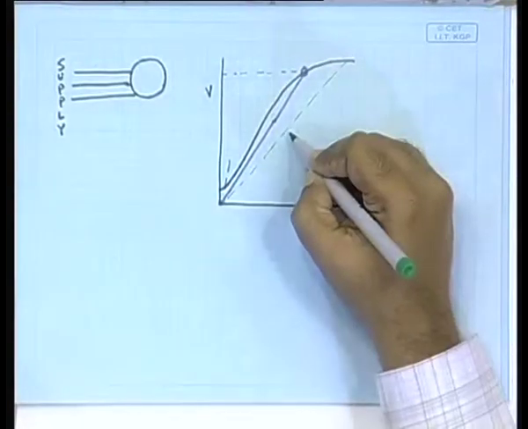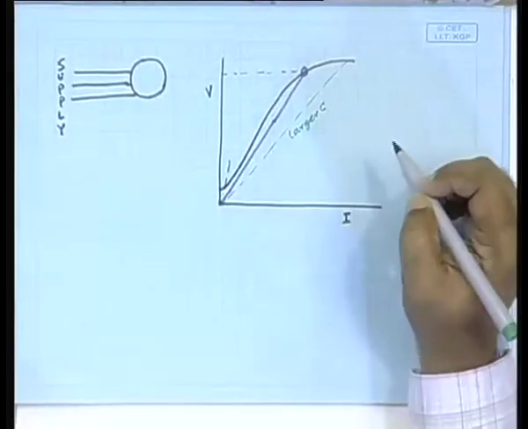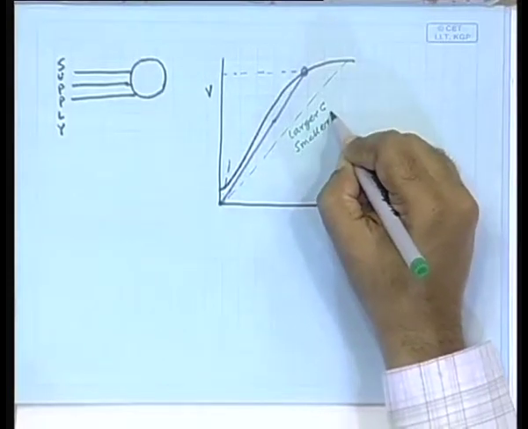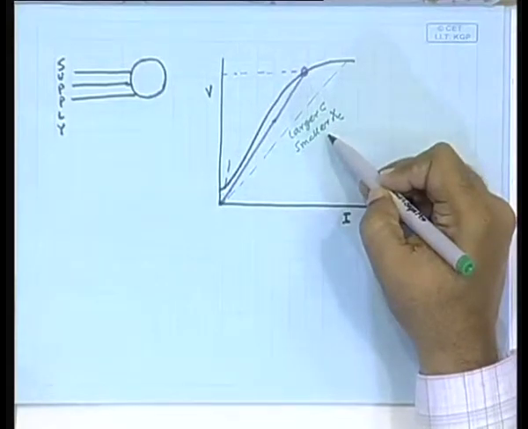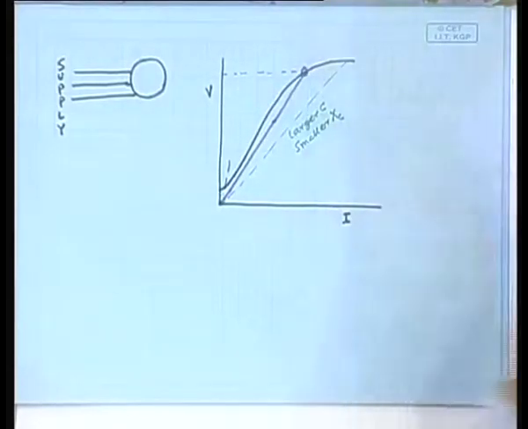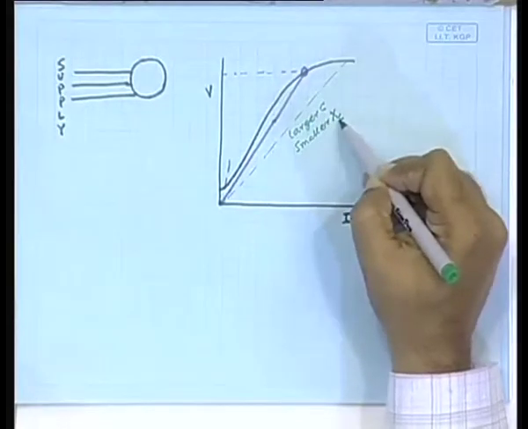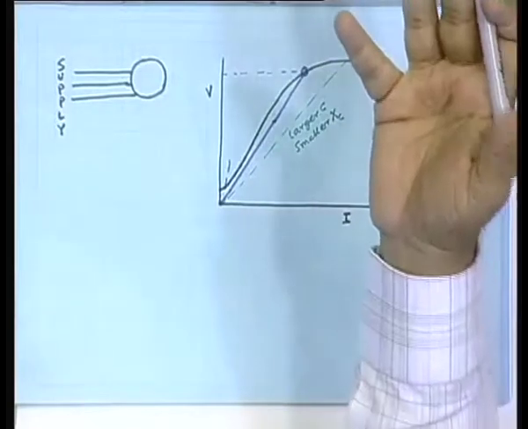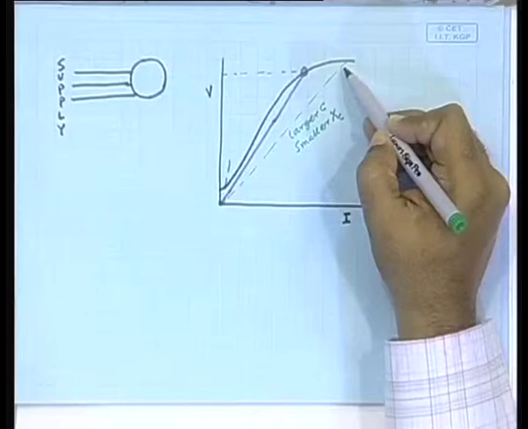So, for the larger capacitance, or smaller Xc, the capacitive impedance, that is 1 by j omega C. So, the larger the C, the smaller the Xc, then it will be here. Which means that for a larger value of capacitance, it will self excite to a larger voltage.